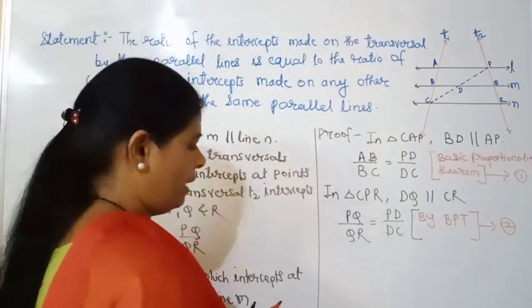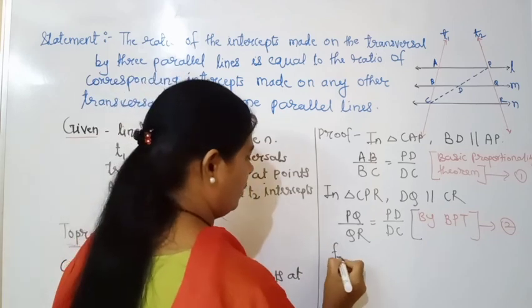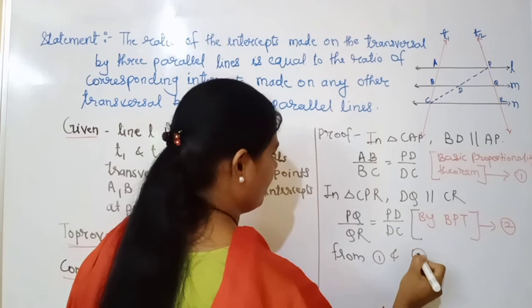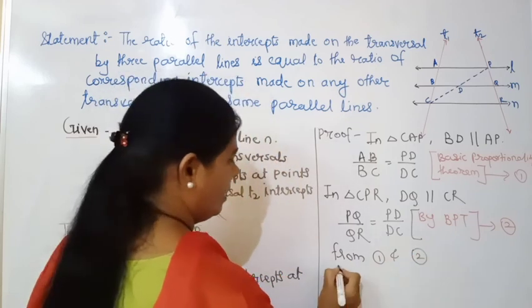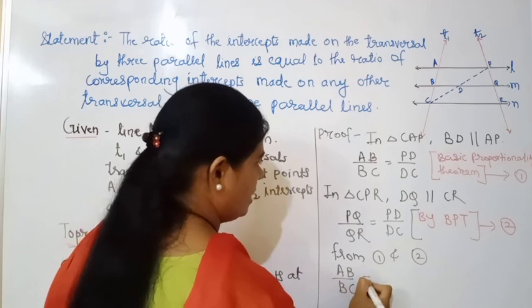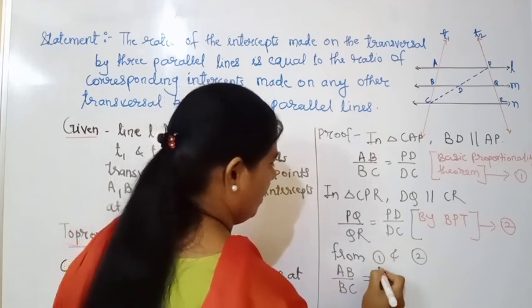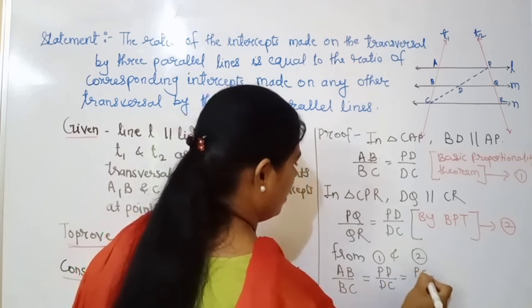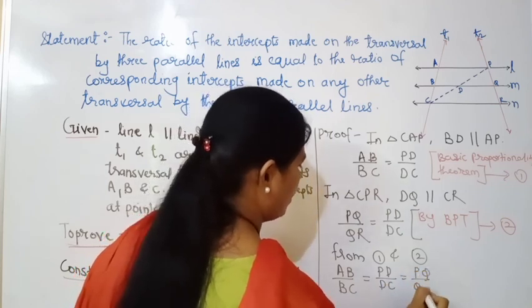Now from 1 and 2, what do we get? From 1 and 2 we get AB upon BC is equal to PD upon DC, that is equal to PQ upon QR.